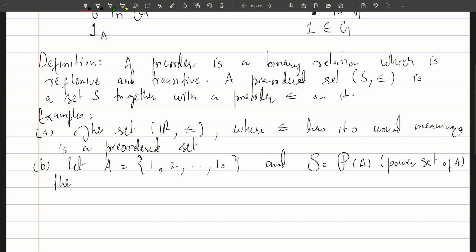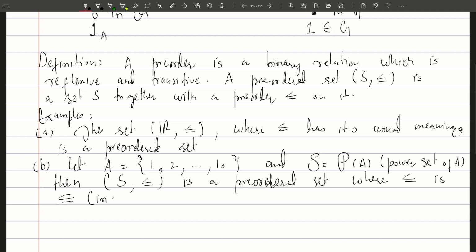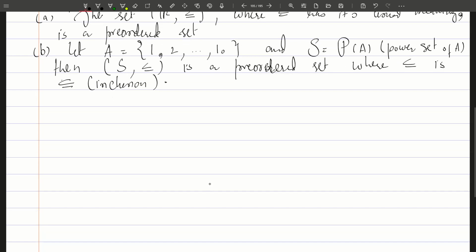Then S with less or equal is a pre-ordered set, where less or equal to is the containment, the inclusion. Then one can see that this relation is reflexive as well as transitive.